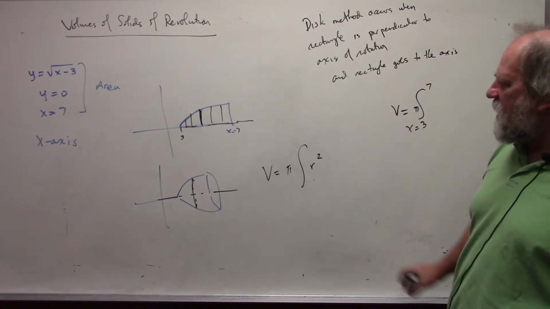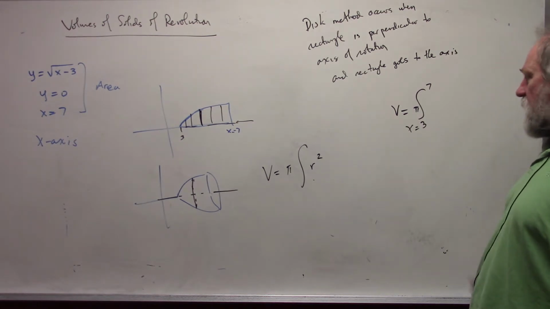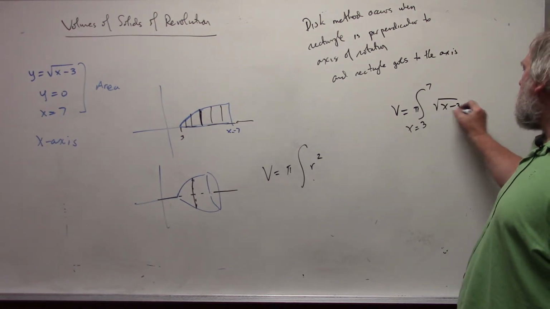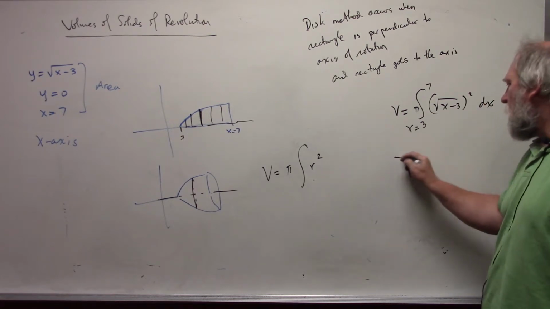pi, my radius would be the height of the rectangle, which in this case is the square root of x minus 3, quantity squared, and so this is actually very simple.